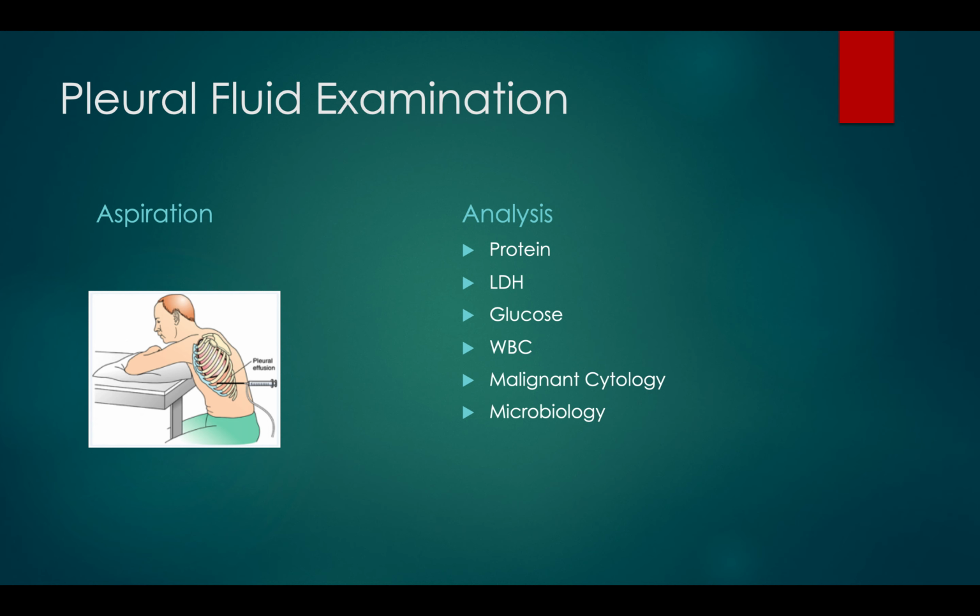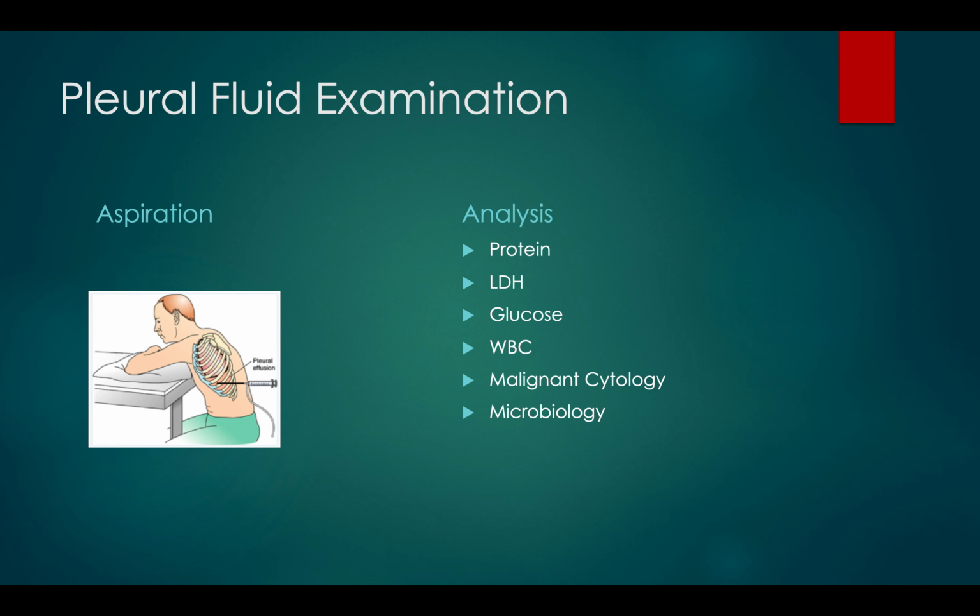The sample should be sent to the laboratory and the following investigations are usually done. Protein and LDH level help us to decide whether this is an exudate or a transudate. The glucose level is usually suppressed in inflammatory conditions. White blood count may be raised if this is an infection, for example, due to pneumonia.